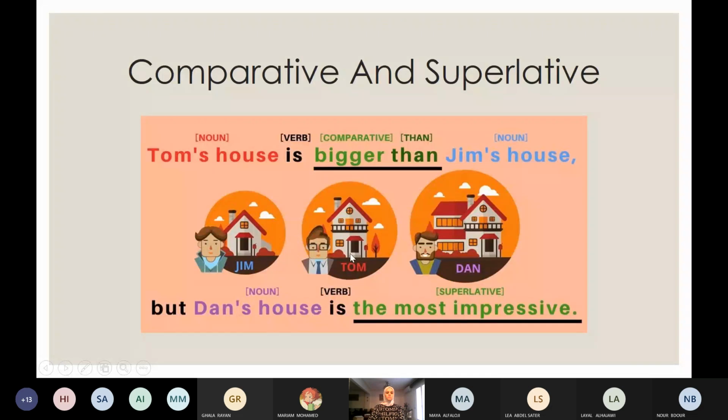Tom's house is bigger than Jim's house. So here comparative, I compare between 2 things. But when I want to talk about Dan, Dan's house is the most impressive of the 3. So when I compare between 2 things, comparative. One thing of more than 2 things, superlative.